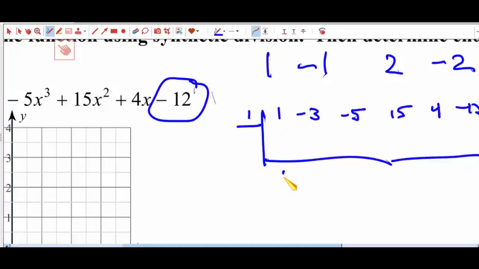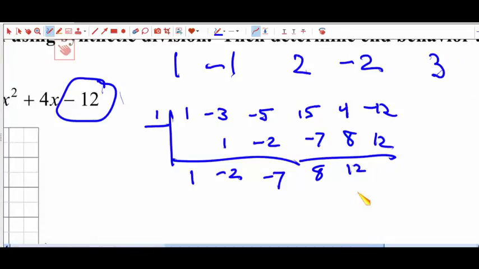And now I'm going to see if I get a remainder of 0. And I did get a remainder of 0. Good. So that means 1 is a zero and x minus 1 is a factor.